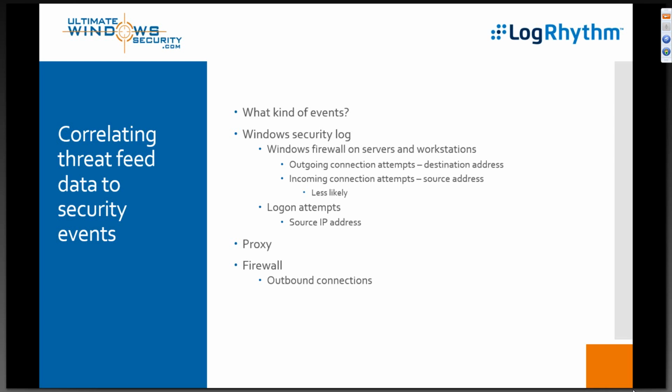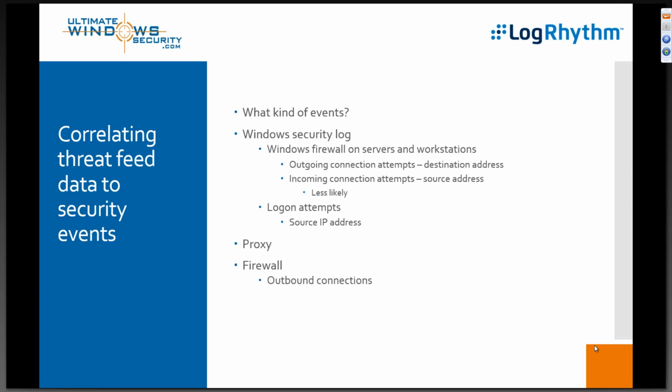But of interest to me is what kind of events in the Windows security log could we correlate threat feed data to? It's a no-brainer that you do it with logs from your proxy server or your firewall. But what about your Windows security log?